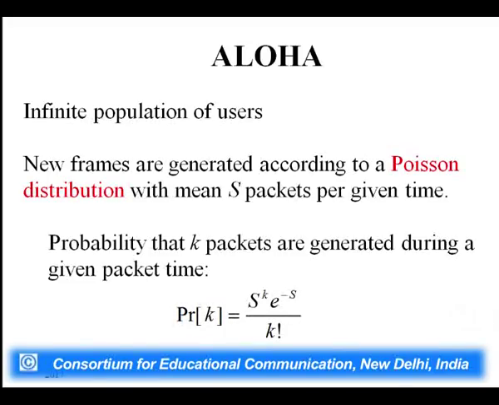Now, one of the assumptions in Aloha is that the population of users is infinite. That means any number of stations can be plugged into the channel and they can transmit. Another assumption is that new frames are generated according to the Poisson distribution with a mean packet rate of s packets per unit time.